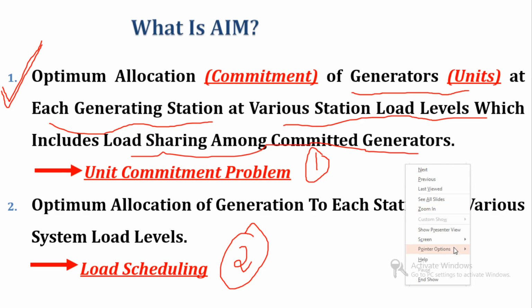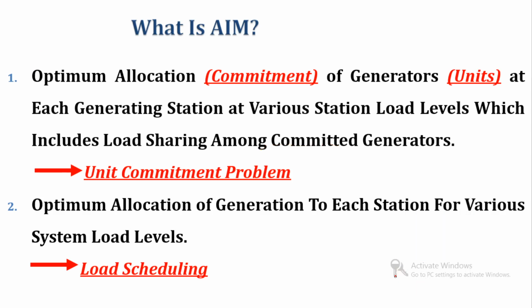Now, what does it mean? Suppose you have three vehicles, and you have to choose only one vehicle among all three for your journey.